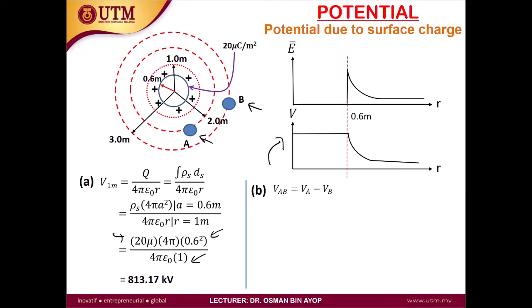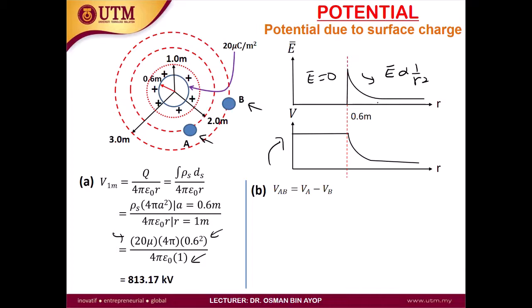Like I mentioned earlier, the E field inside the hollow sphere will be 0, while it becomes maximum at R equal to a, and then it starts going down with a factor of 1 over R square.